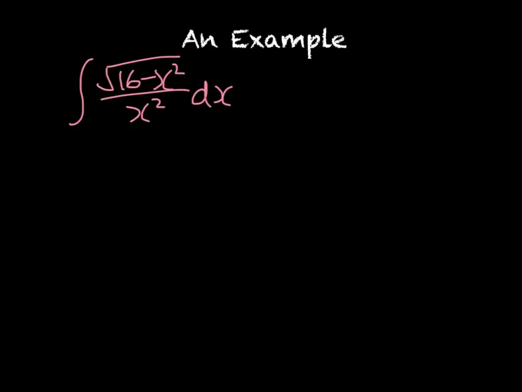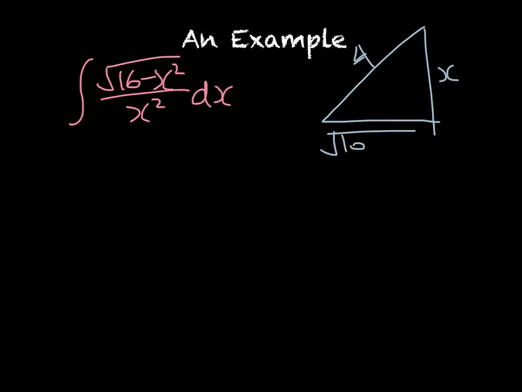Let's look at an example to see how this works. So in this case, we have something in the form the square root of a squared minus x squared. So when we draw our triangle, we'll make a the hypotenuse, so that'll be 4. And then we'll make x one of the legs, and we'll have the square root of 16 minus x squared as the other leg.